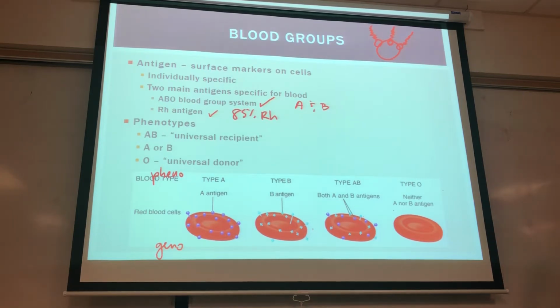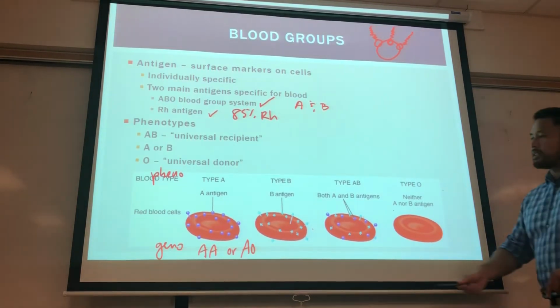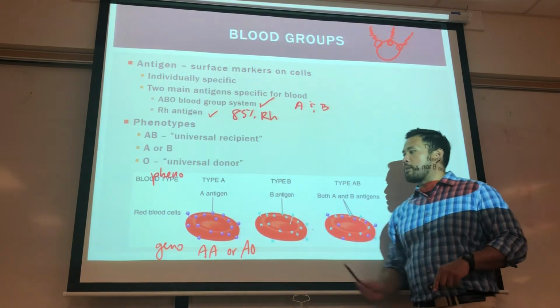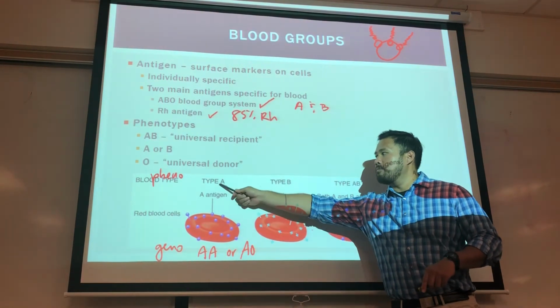What would be their genotype? Somebody who is type A can have either AA or AO, O being the recessive allele and A being the expressed allele. Therefore, the phenotype would be A. So if you're genotype AA, you would be blood type A.